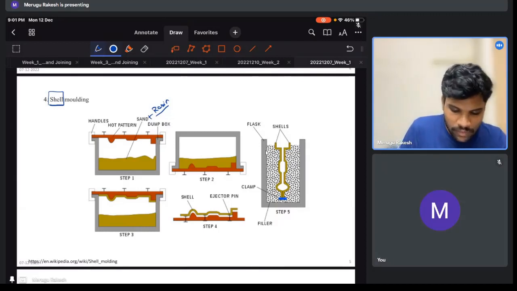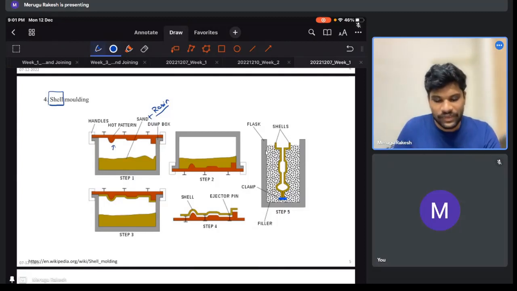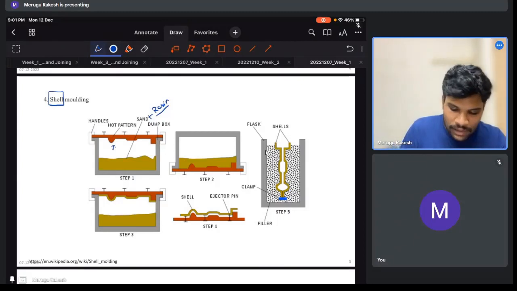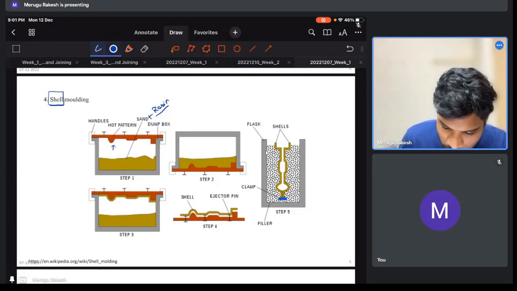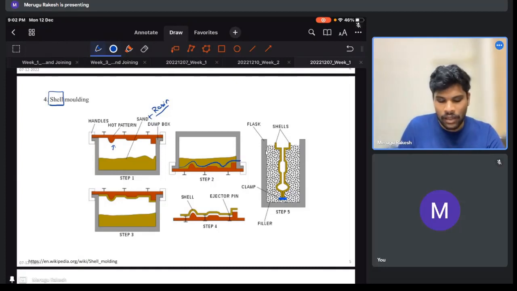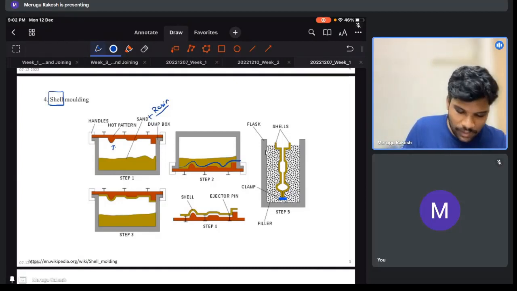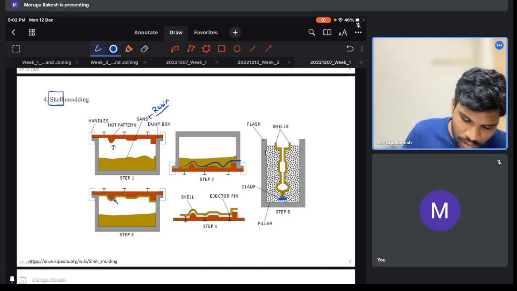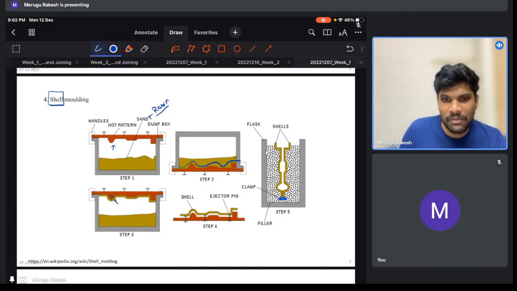So here we have a hot pattern. As you can see, the design, the cavity, is already provided here, and we invert the box. The sand in contact with the hot plate will slowly get hardened. The thickness depends upon the time and temperature parameters.